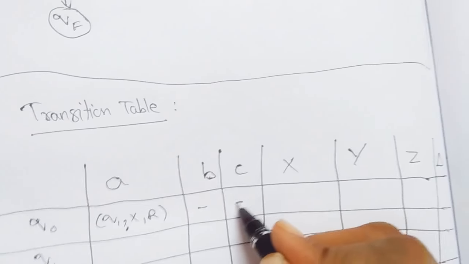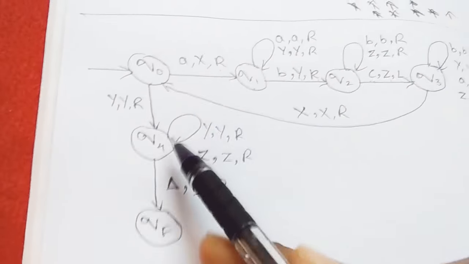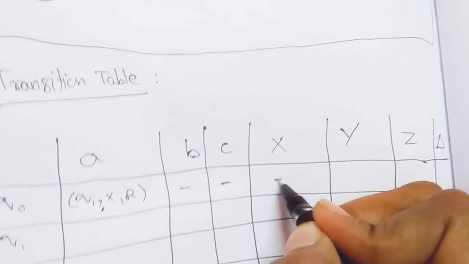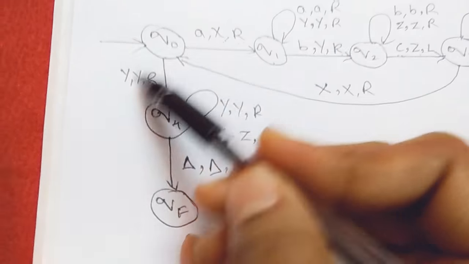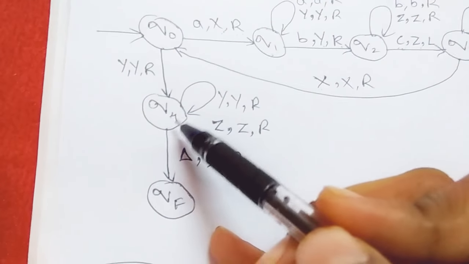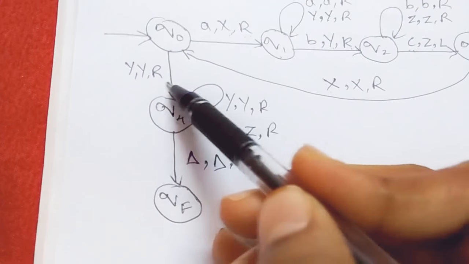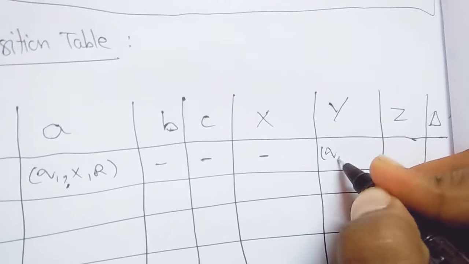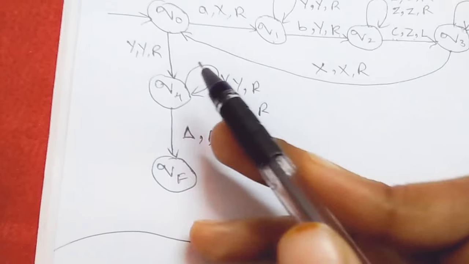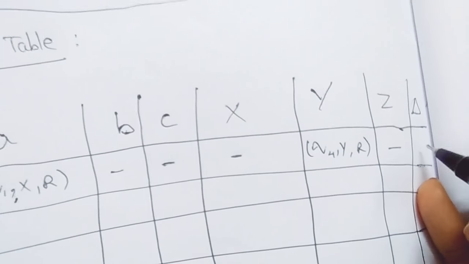Q0 to C there is nothing, so again I'll give a dash. Q0 to X there is nothing, so I'll give a dash. Q0 to Y the transition state is q4, therefore I write q4, y, r. Q0 to z there is nothing, so I'll give a dash. Q0 to del there is nothing, so I'll give a dash here as well.